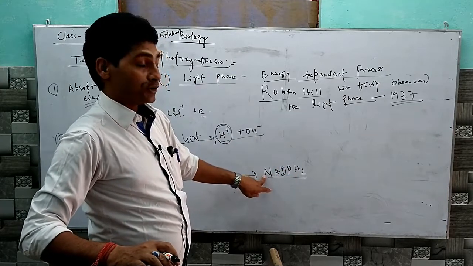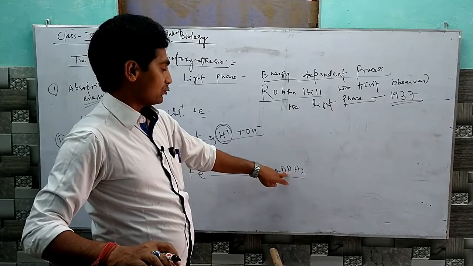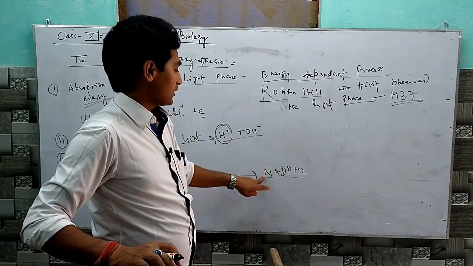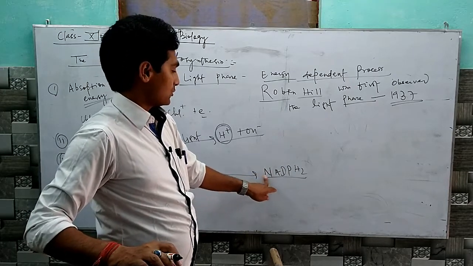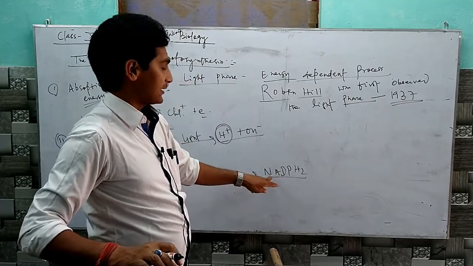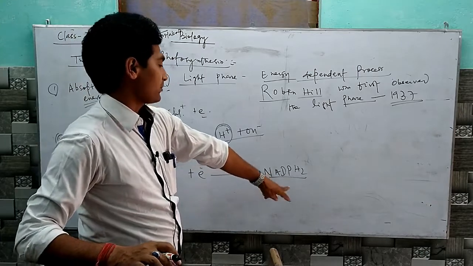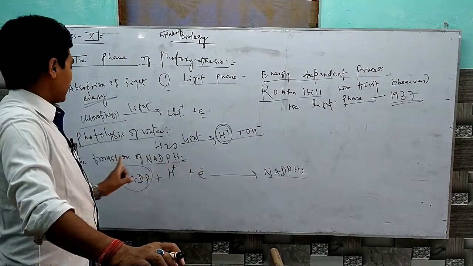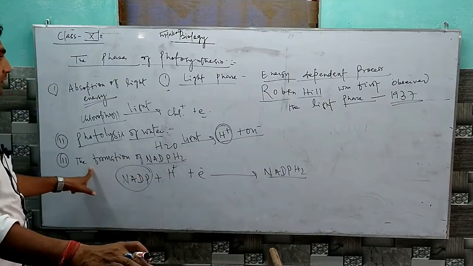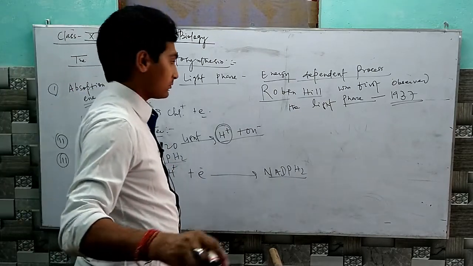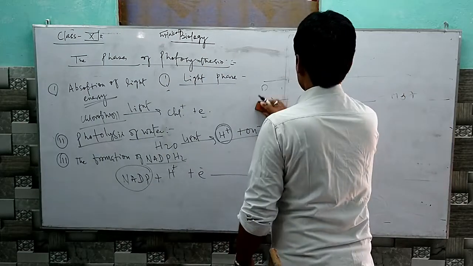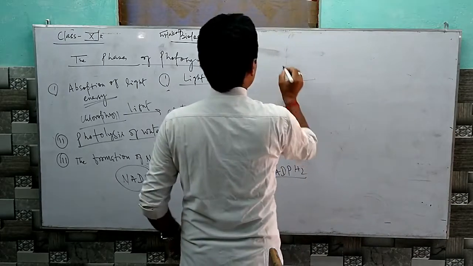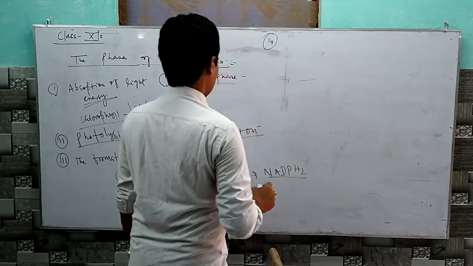Reduced nicotinamide adenine dinucleotide phosphate. Here hydrogen is used as the term reduced. So the term is reduced nicotinamide adenine dinucleotide phosphate. These are the main events in the third stage where NADPH2 forms.